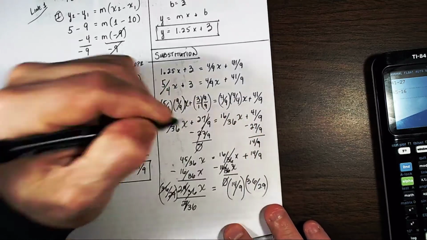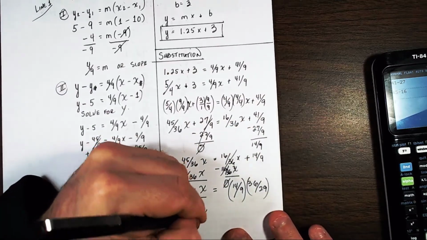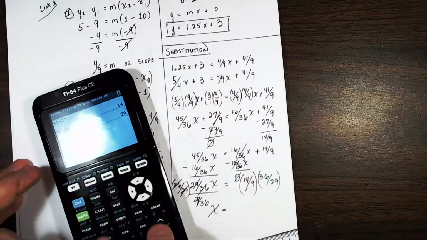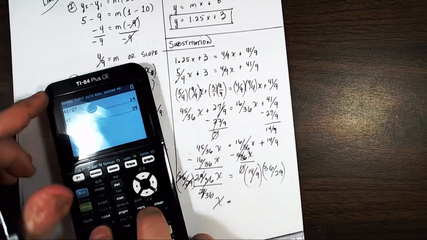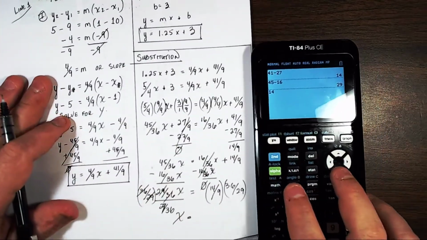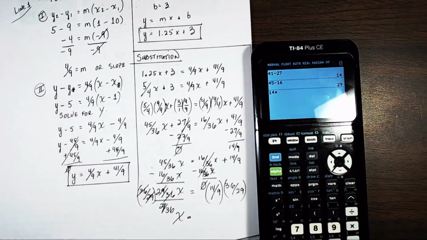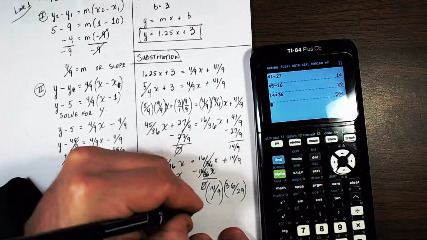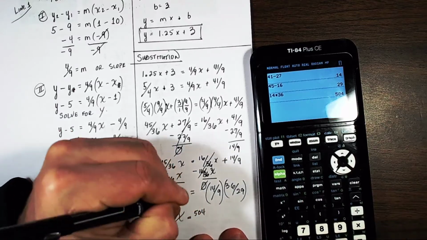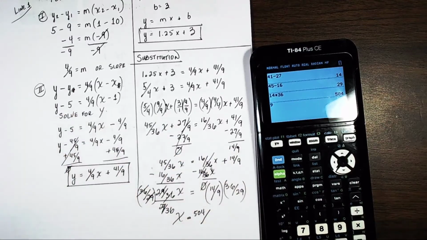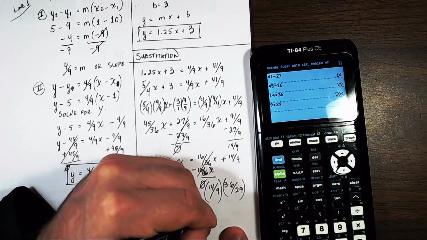We actually have to multiply this out now. So now we have x by itself, and we just have to do 14 times 36 equals 504 over 9 times 29, which is 261.